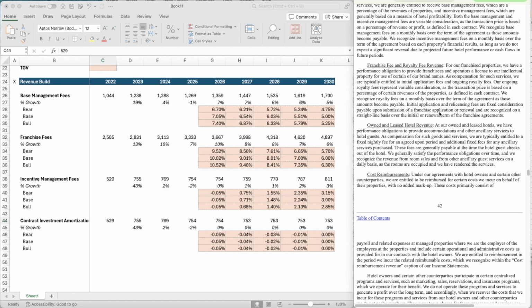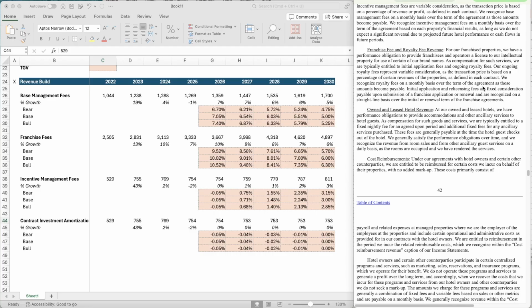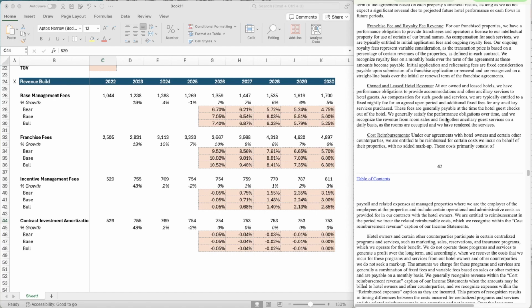We are typically entitled to initial application fees and ongoing royalty fees. Ongoing royalty fees represent variable consideration as a transaction based on such a property. Okay, that makes sense.